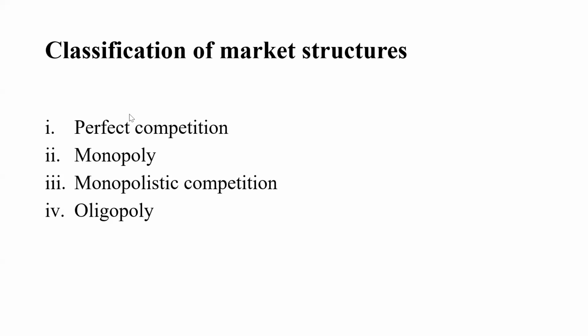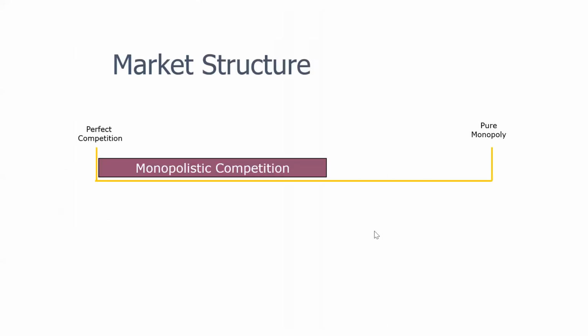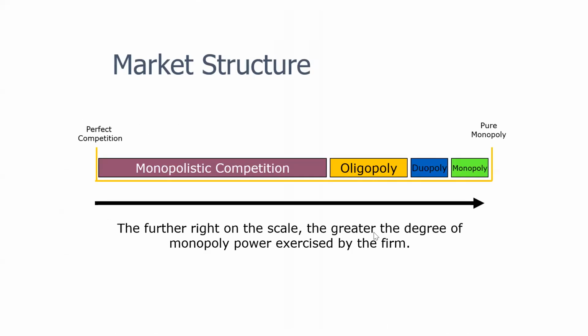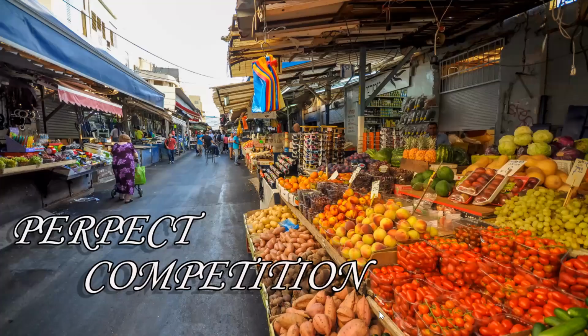So after having a basic idea about the different market structures, we'll move to identify the first of the four market structures, the perfect competitive market structure.